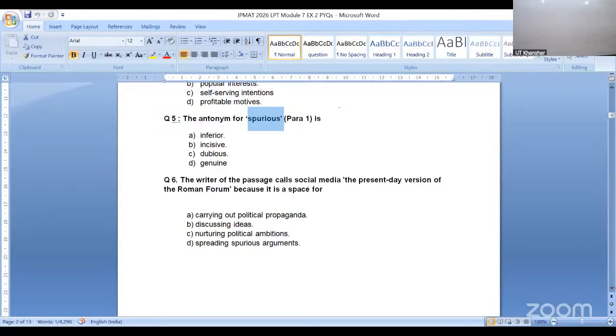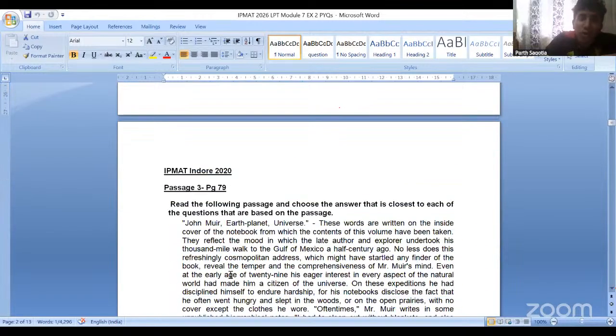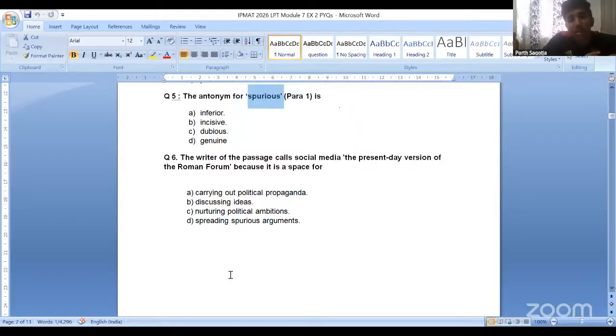The writer of the passage called social media the present day version of the Roman Forum, because it is a space for what? The Roman Forum was a space where different people presented their ideas. So this is a present day version of presenting ideas, that is, discussing ideas. Ma'am, forum itself means something to discuss ideas, right? Right. A forum is a platform where you present your ideas.